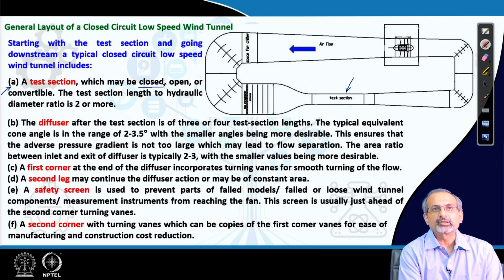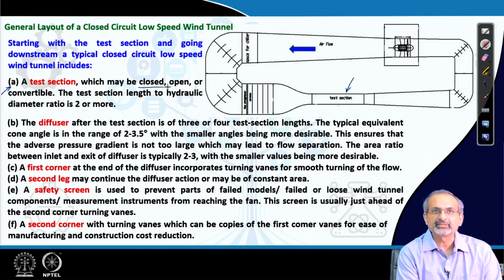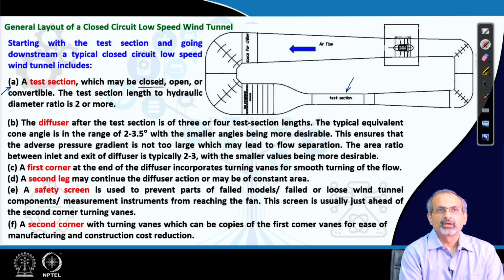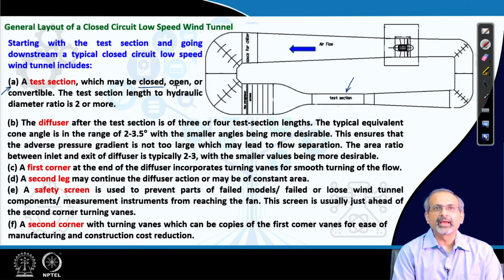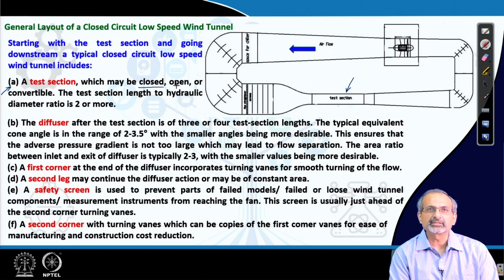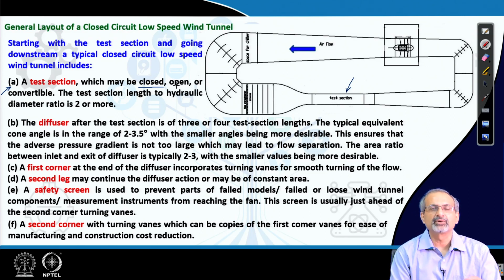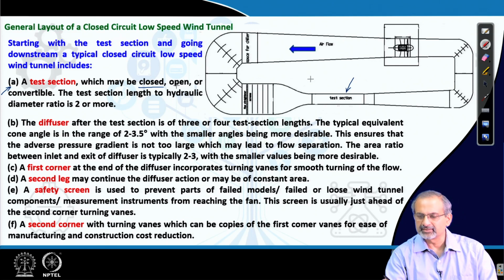Here it is shown as a closed test section, but it can be an open one. That means you can have an open jet facility, or you could have a tunnel where you can function both as a closed one or an open one. That means you have a convertible test section, but in such cases usually it will be more meaningful to build an enclosure around the test section.